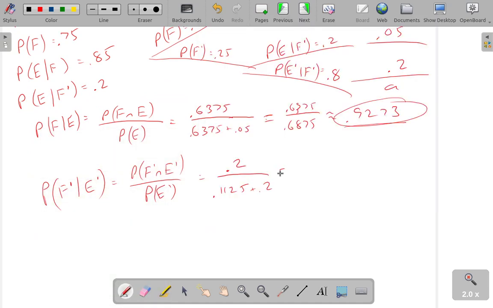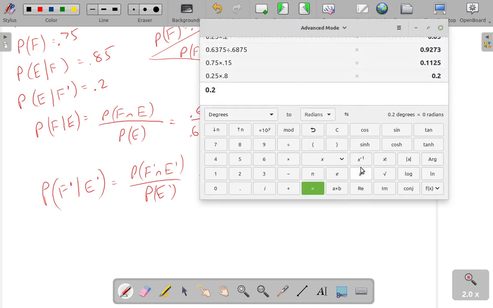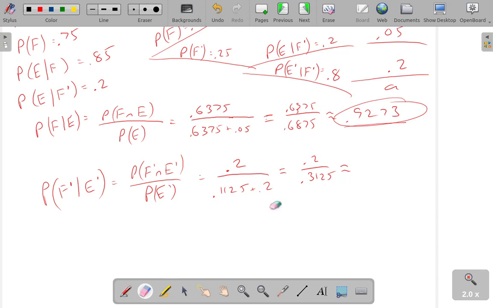If I add those together, it's 0.2 divided by 0.3125, and performing the division gives me 0.64. I guess that's exact. So if the person is not approved, there's a 64% chance that they were actually not qualified.